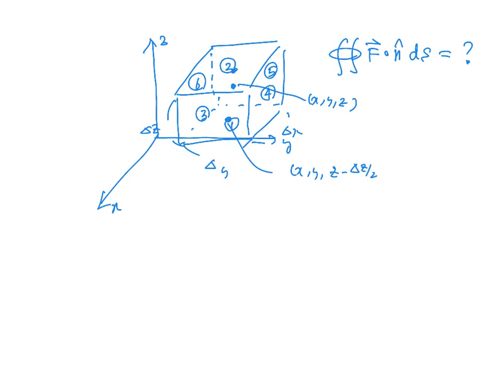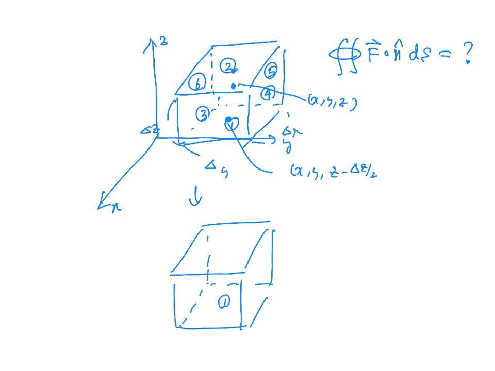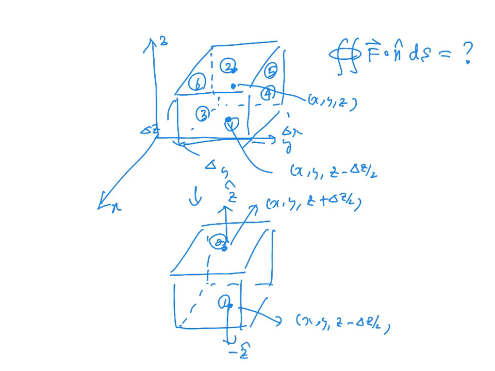Too complicated, right? So let's just separate 1 and 2. So this point is X, Y, Z plus delta Z over 2. This point is given by X, Y, Z minus delta Z over 2. This normal vector is in the Z direction, right? And this vector is in the minus Z direction.